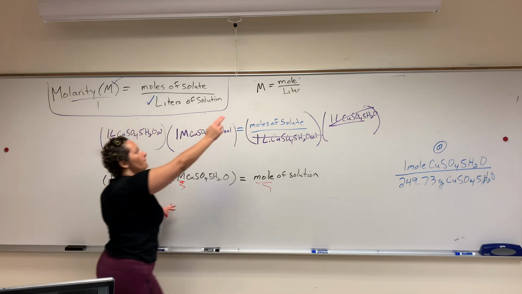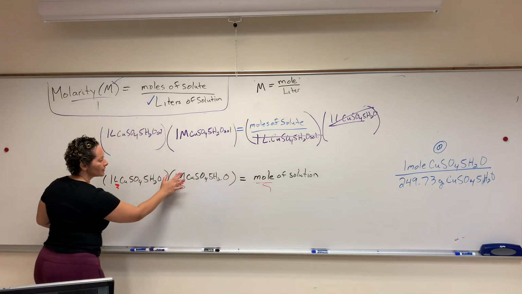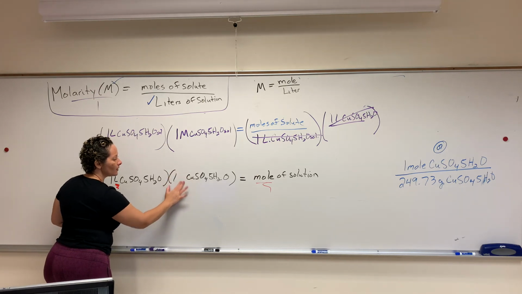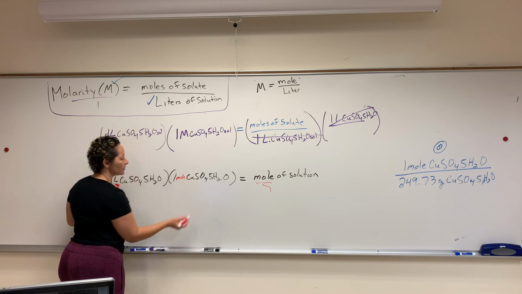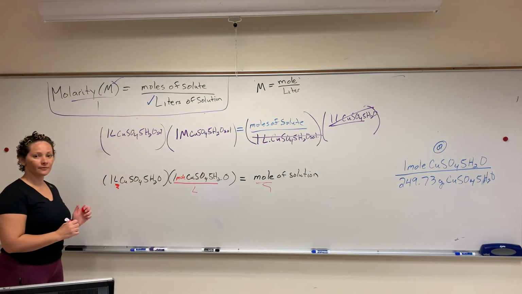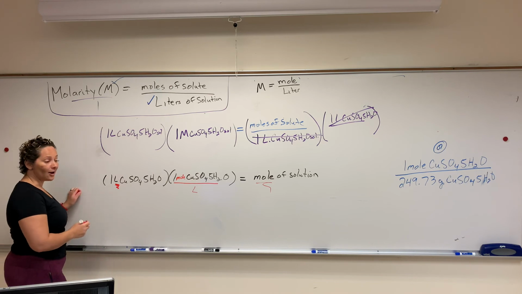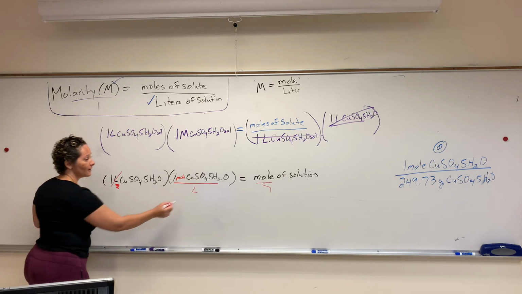So we know molarity, big M, equals moles per liter. I can take out this big M and put in moles per liter. Moles per liter. Okay? Now, I get to cancel liters. Yeah?